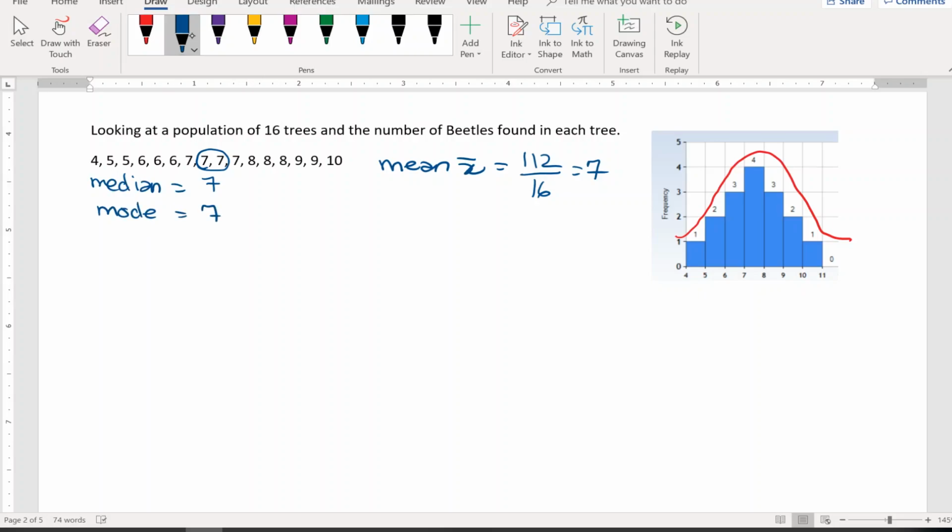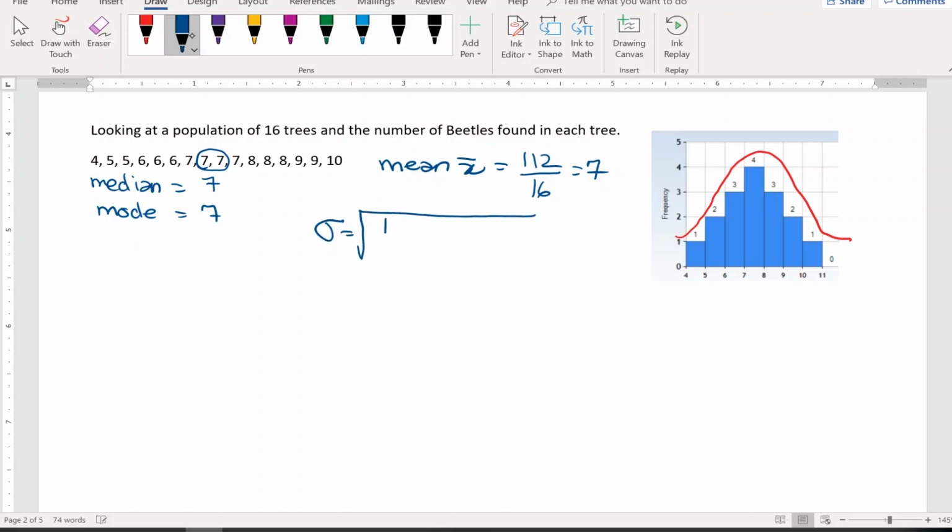So our mean, median, and mode are all 7 in this particular case. Now we want to see what the standard deviation is, which describes how the values are spread on either side of this mean value. To do that, we're going to use this formula.